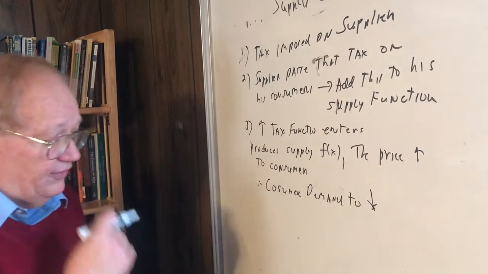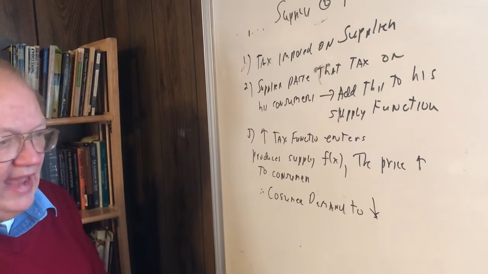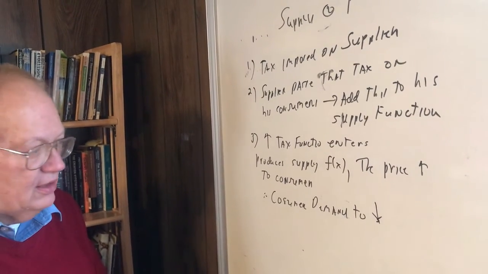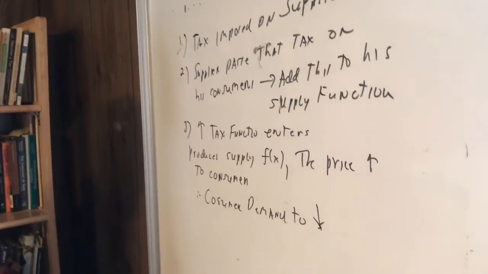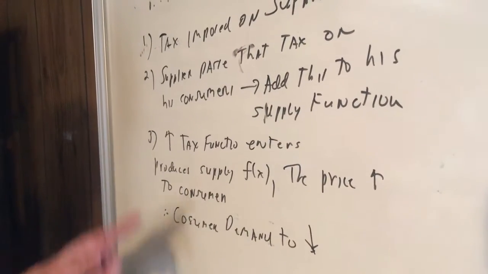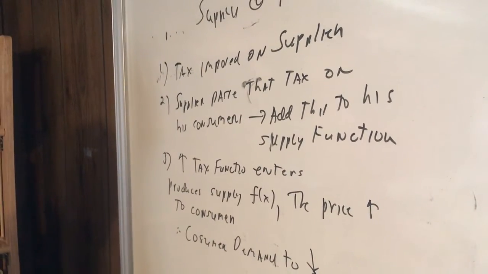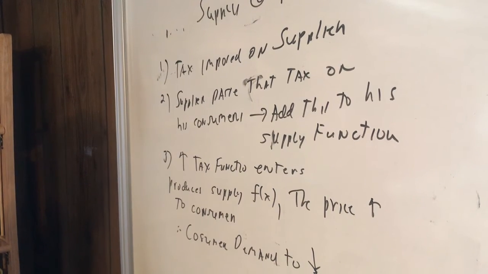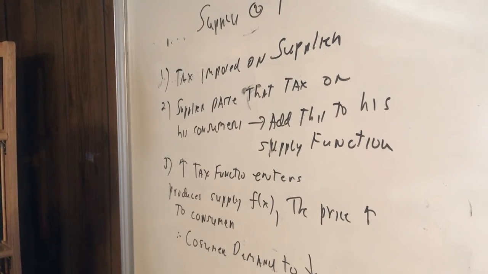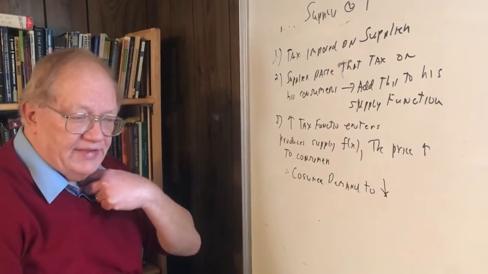The assumption here is that the state tax that they put on goods sold to the consumer is small compared to the price added by the supplier. So that's why we don't add anything to the consumer term. Most people, when they go out, don't buy something because of the taxes on it.